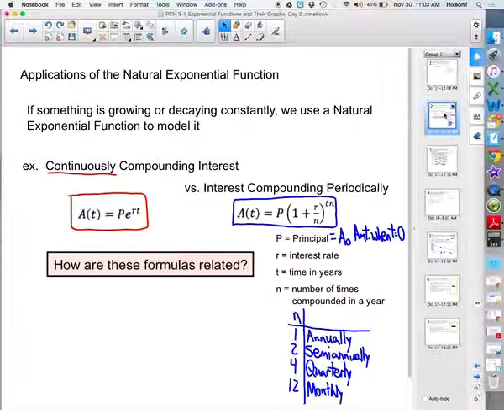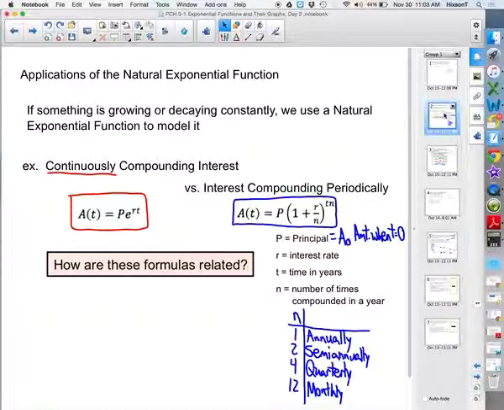Or not even just half-life, but any decay problem. Let's say this town is kind of going downhill and people are moving away and we're losing 3% of our population every year. Our rate would be a minus 0.03. And that's going to give us a decay problem then.